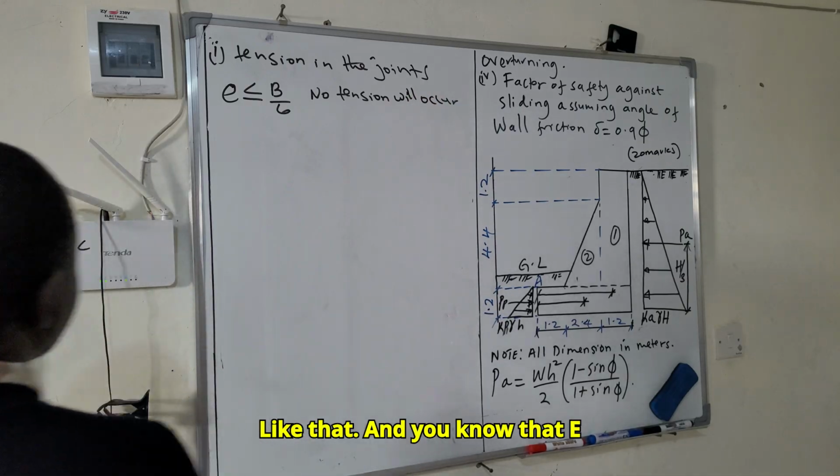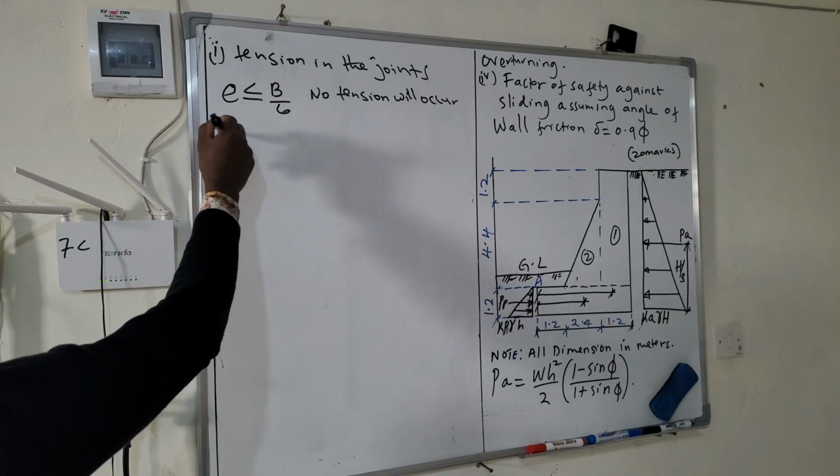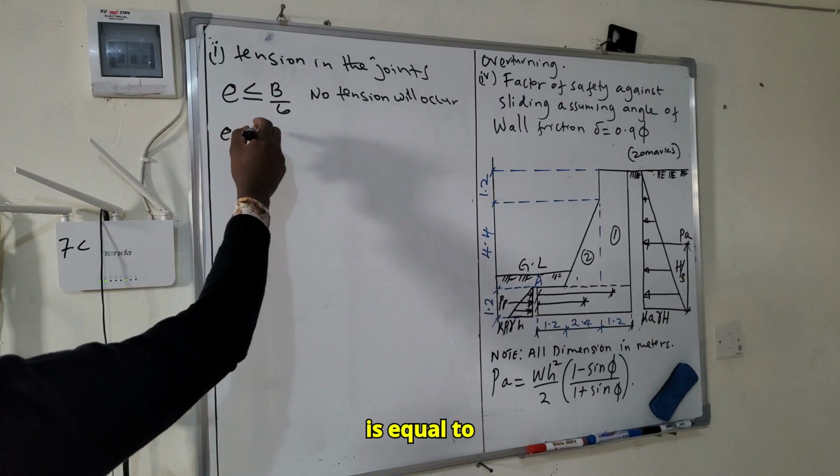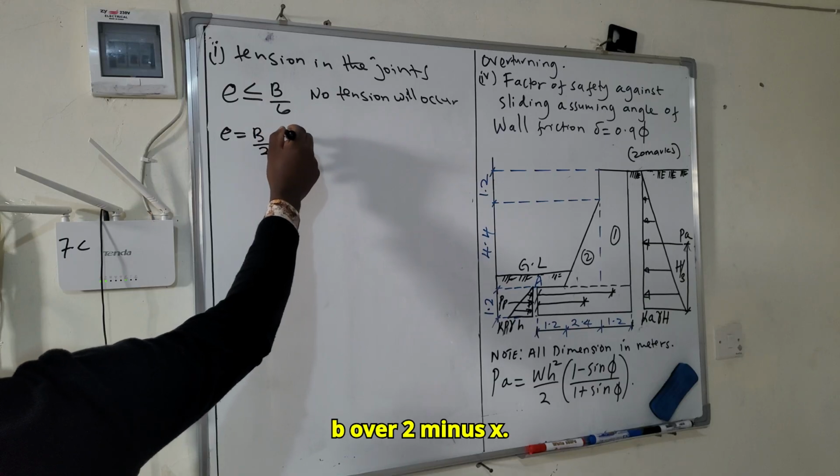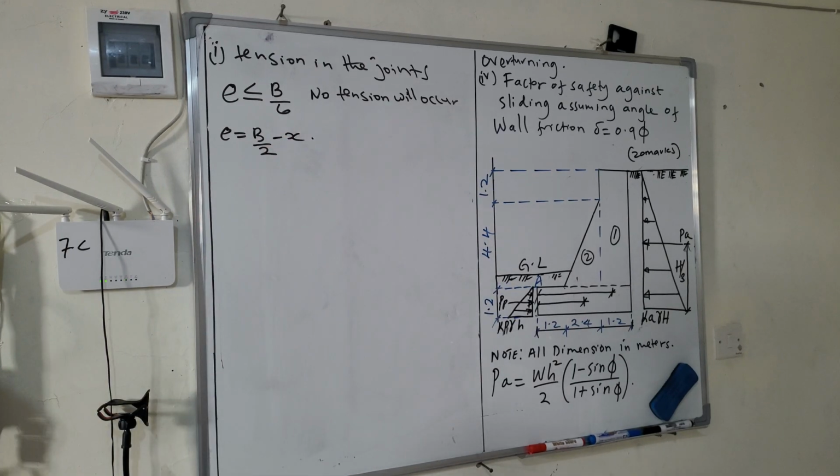And you know that E is equal to B over 2 minus X.